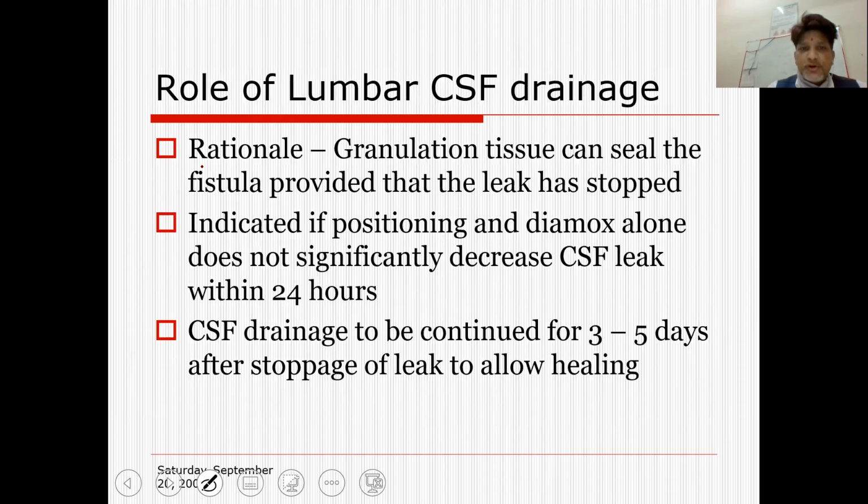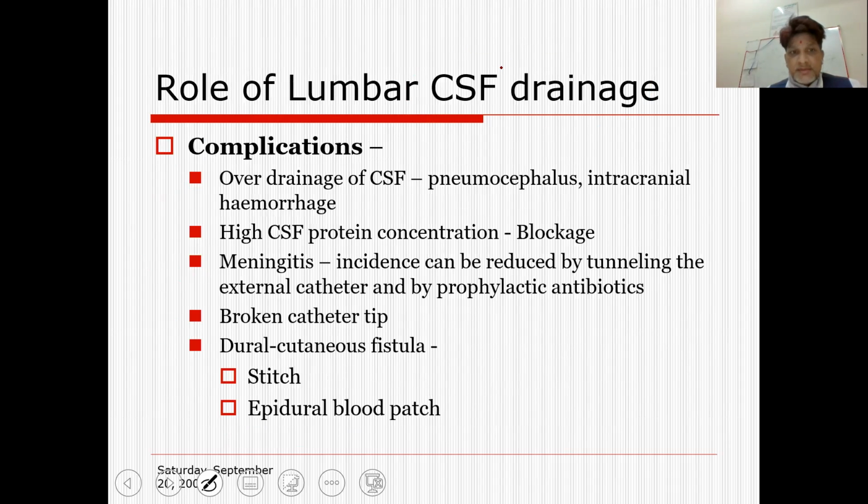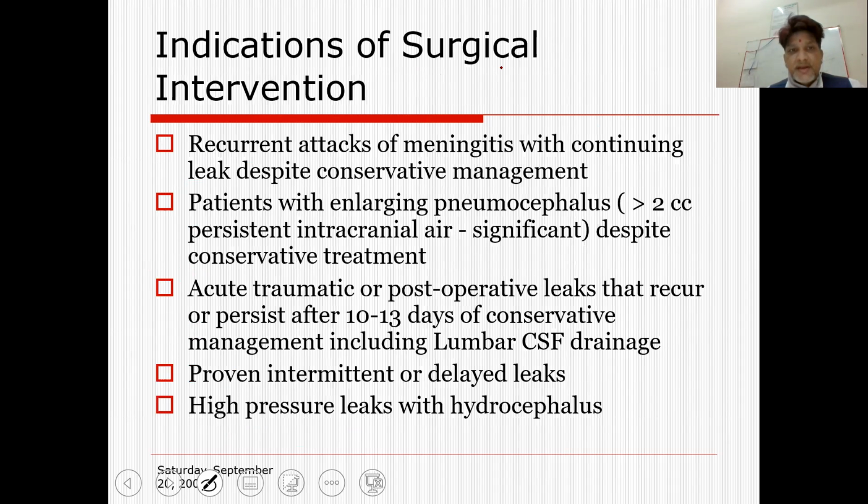Apart from that, you may also remove some CSF to reduce the CSF pressure, so that the healing of this fistulous tract can be augmented. A lumbar drain is put in place, as a spinal tapping method, and CSF is withdrawn to reduce the pressure and give the patient some time for healing.